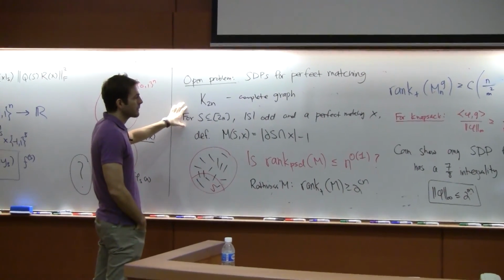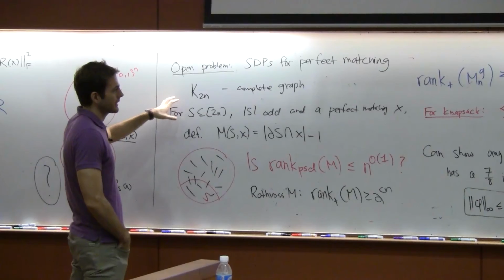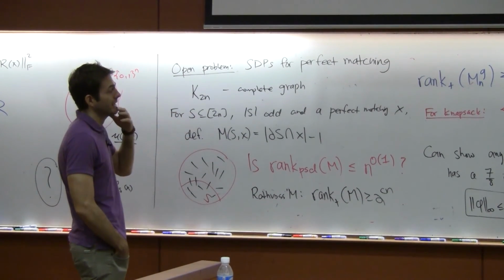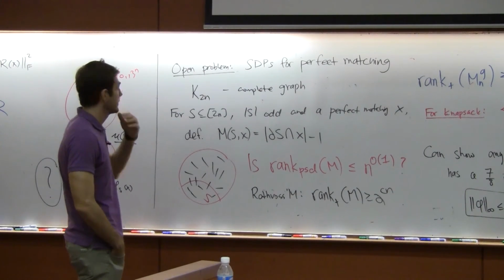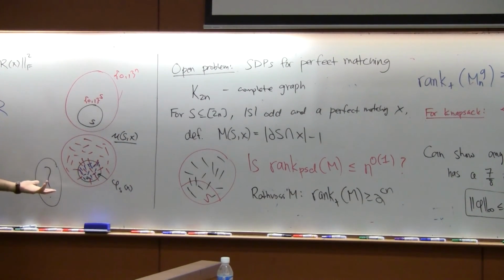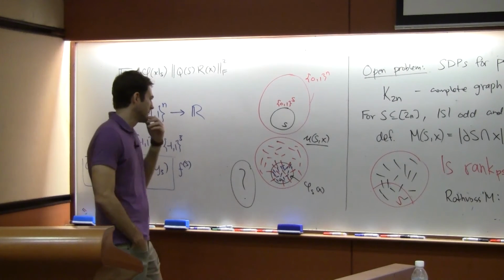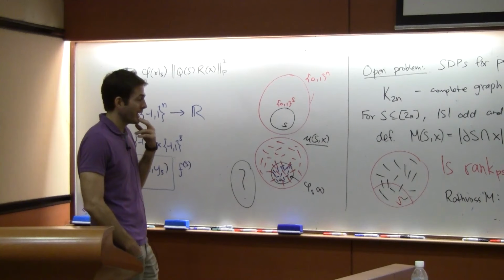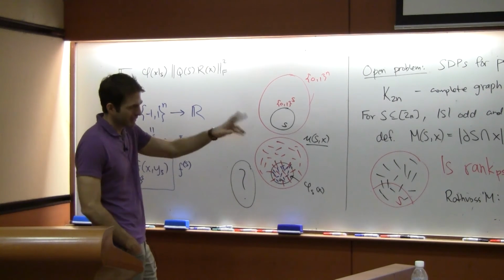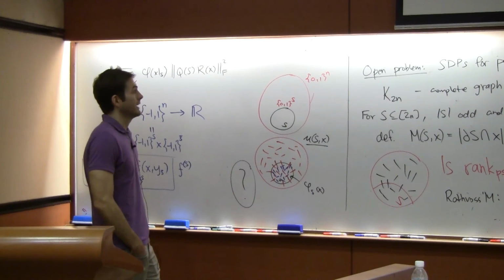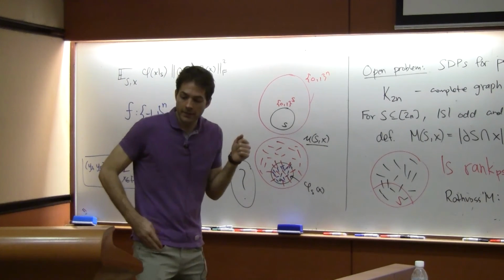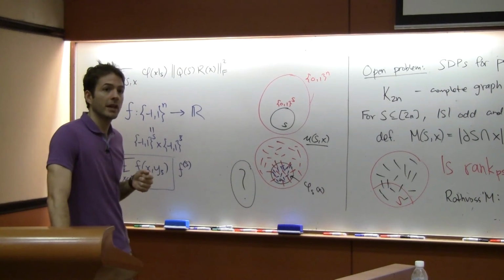Any constraint, any problem where in addition to xi squared minus xi there's another identity, or working modulo something, seems to suffer from a similar problem. It would be fantastic to do this for anything other than 0,1 to the n. For instance, another great problem would be to look at SDPs for planted cliques in G(n,1/2).